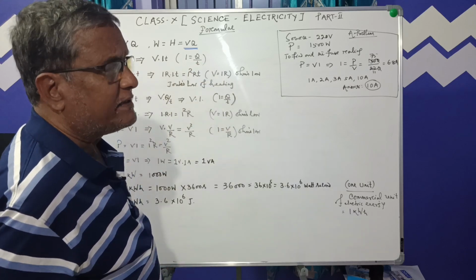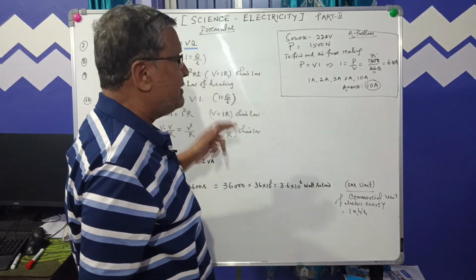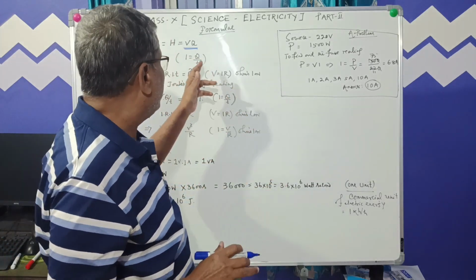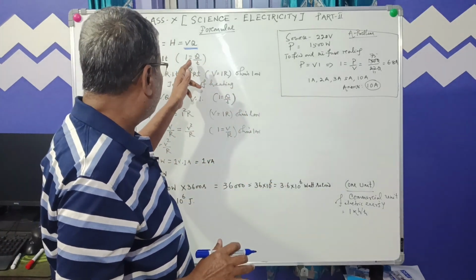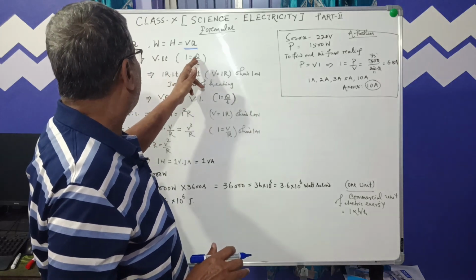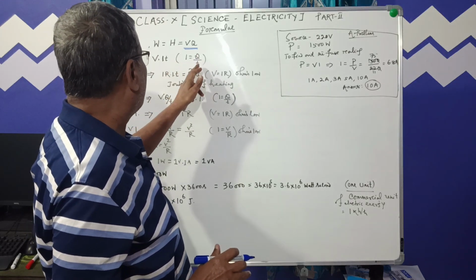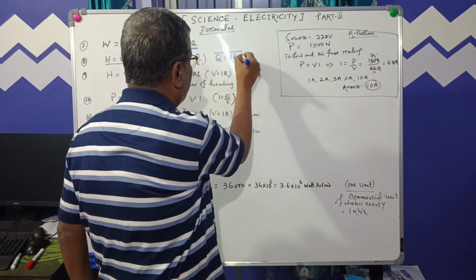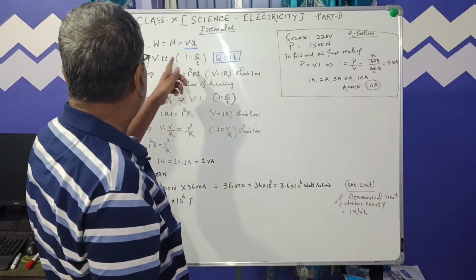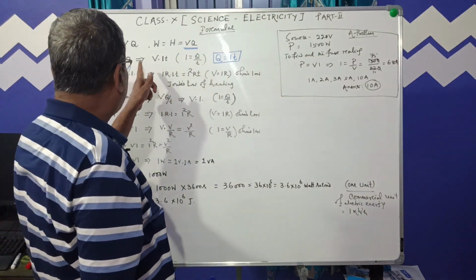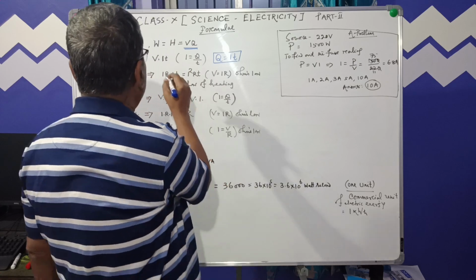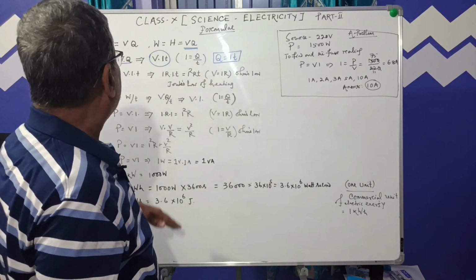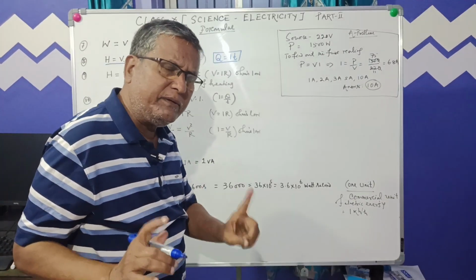Now you remember the second formula, I is the current, is the amount of negative charges flow per unit time. So from that we can get Q is equal to IT, that we have discussed in our last formula. Let's apply. Instead of Q, replace by IT, now you get VIT. So H is equal to VIT. So now it is clear, right?